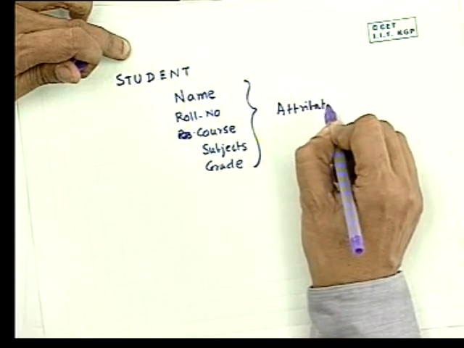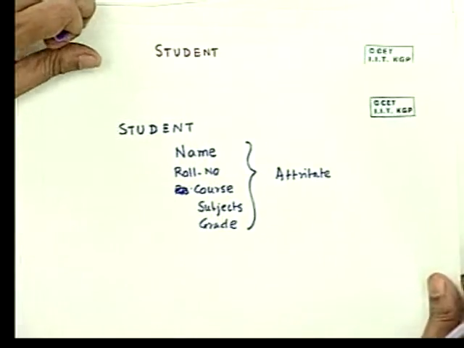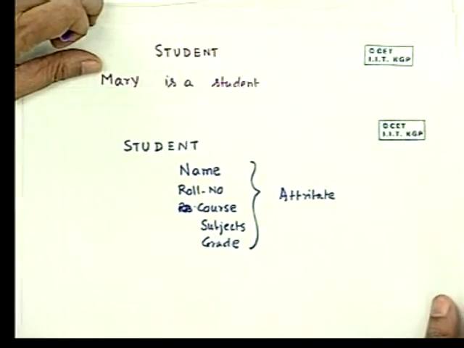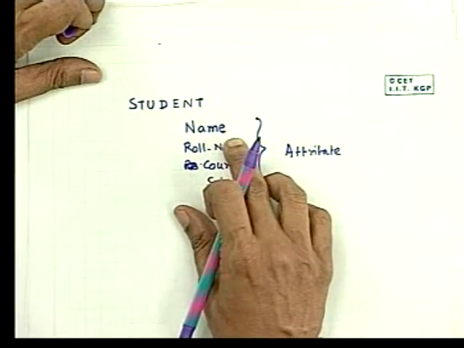So if I look at Mary as a student, the object Mary, the name of the student is Mary.